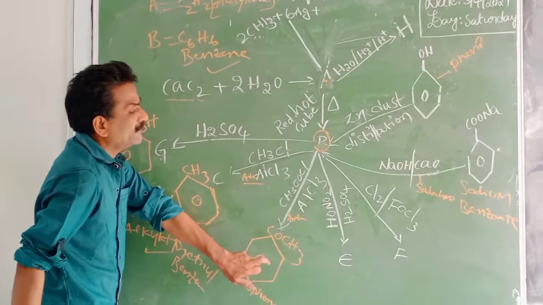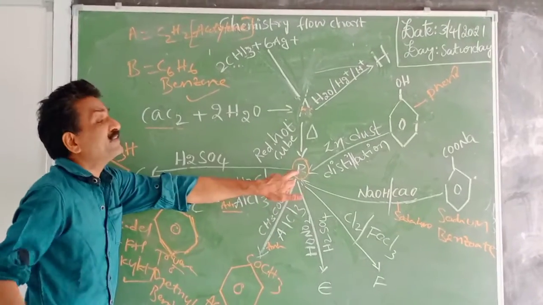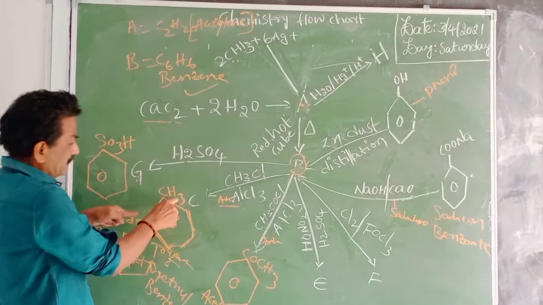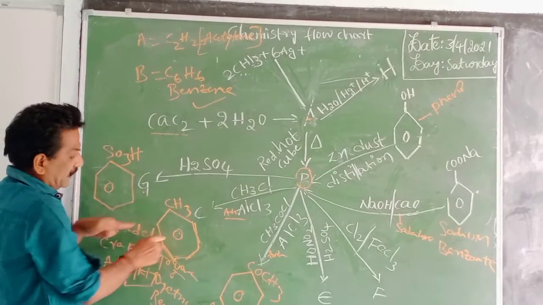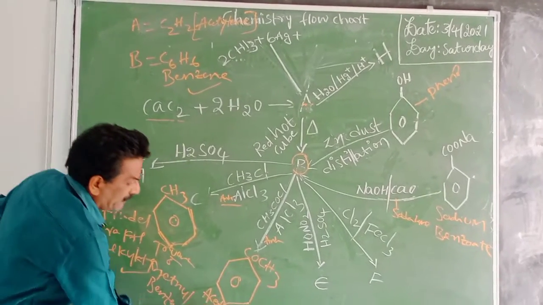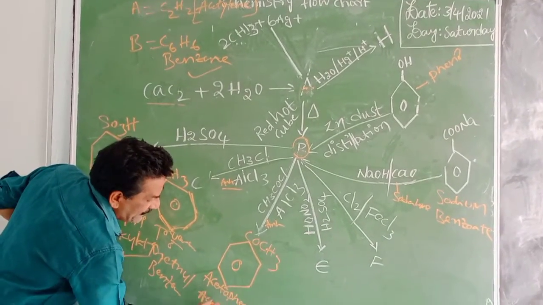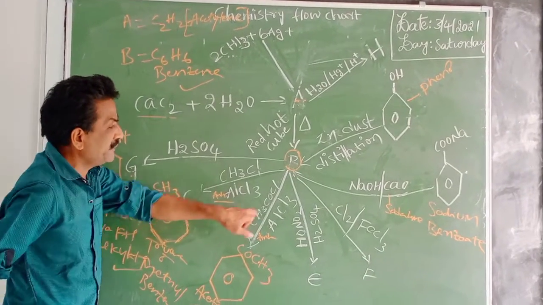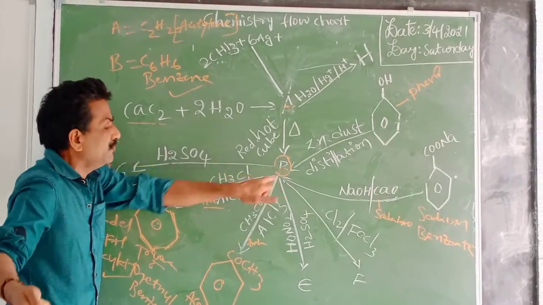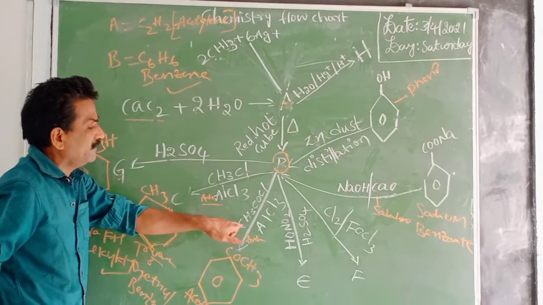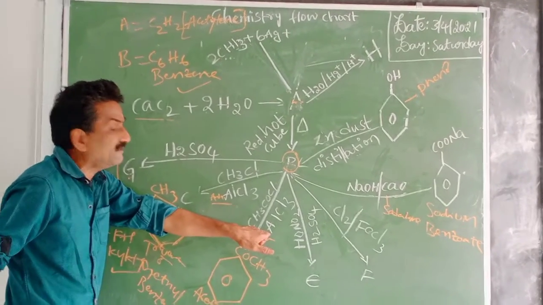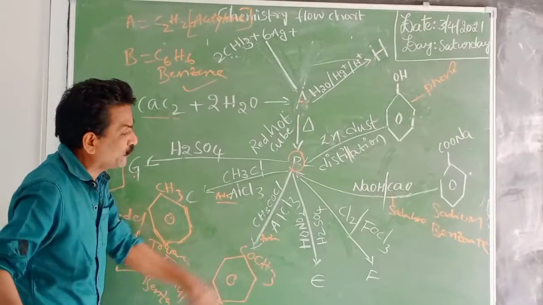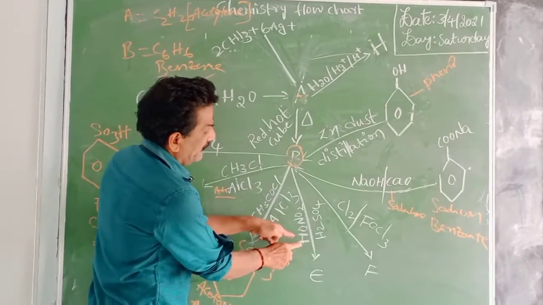This is Friedel-Crafts acylation, and the earlier one was alkylation. Benzene reacts with acetyl chloride in presence of anhydrous AlCl3, we get acetophenone.